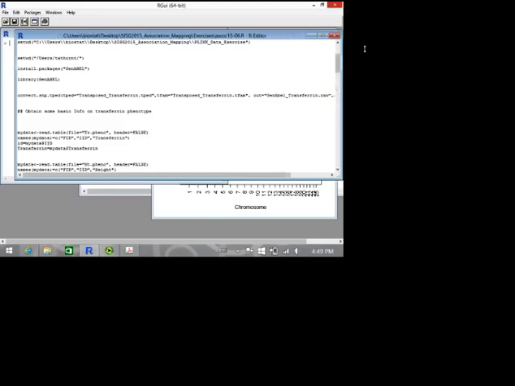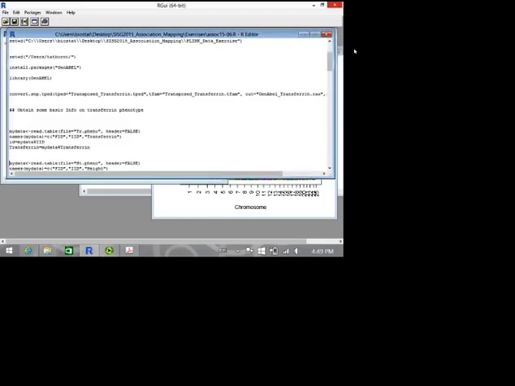It takes the TPED file and outputs a raw file.